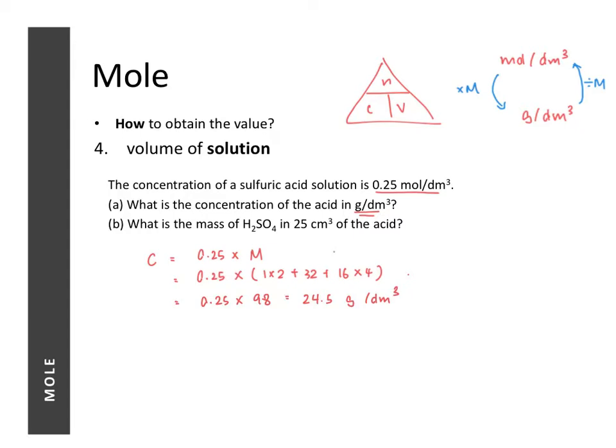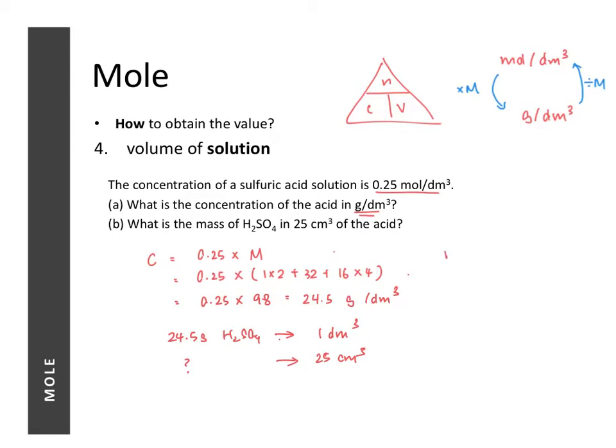In the next part, what is the mass of sulfuric acid in 25 centimeter cube of the acid? This is again like a mathematics problem. I have 24.5 grams of sulfuric acid in 1 dm cube of solution. So what is the mass of sulfuric acid in 25 centimeter cube?